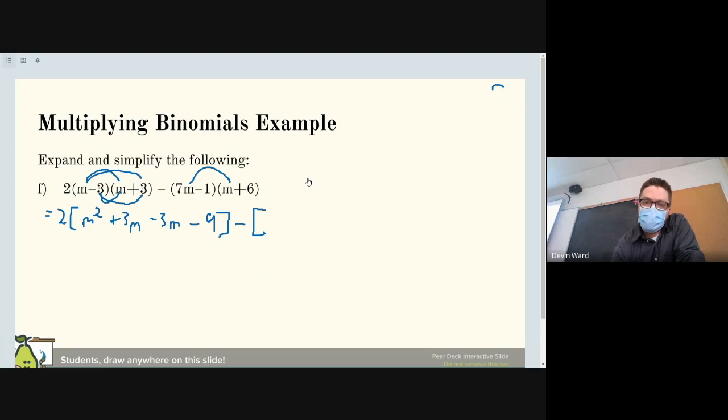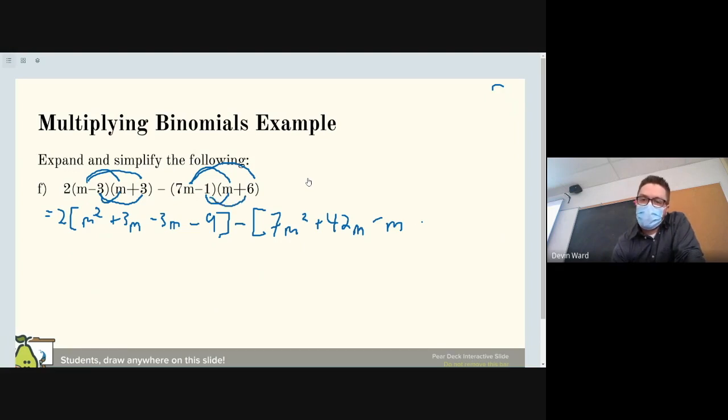7m times m is 7m squared. 7m times 6 is plus 42m, if my math is right. Yep. Minus 1 times m, that'll be negative 1m or negative m.